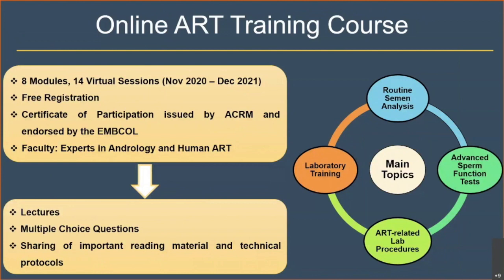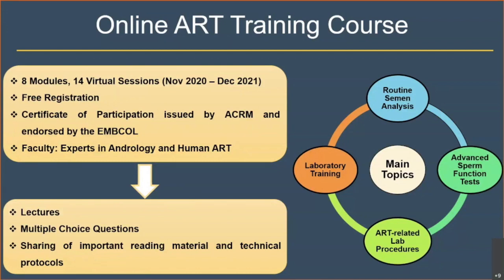A little bit of details about our programs. We have 8 modules which are going to be offered in 14 virtual sessions. No registration fee, no fee of any kind. Certificates of participation are issued by our program and endorsed by the College of Embryology here in the United States.